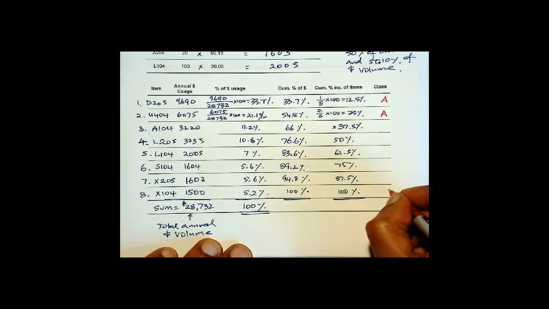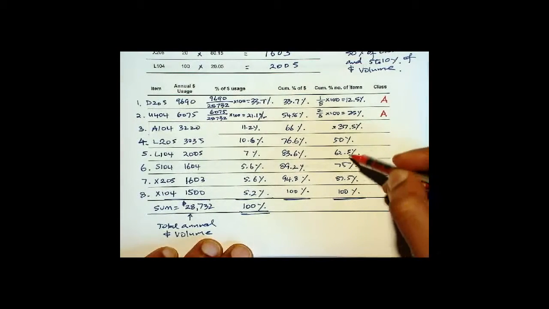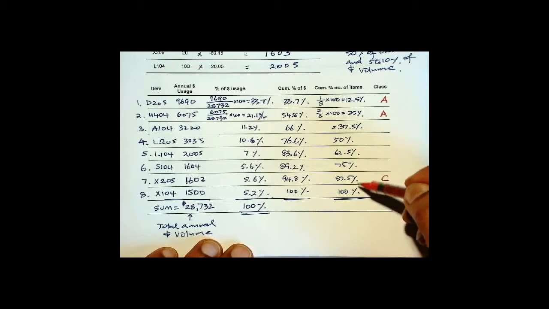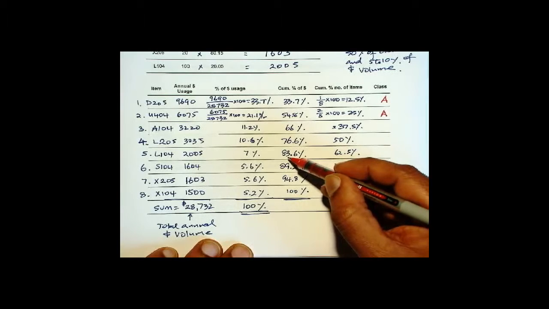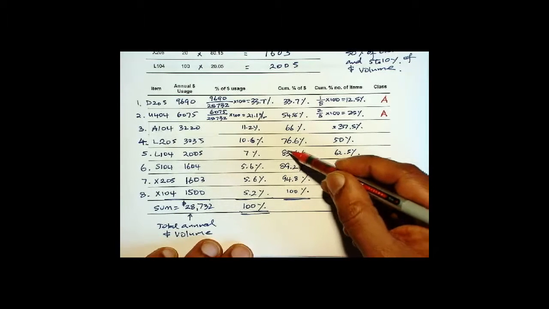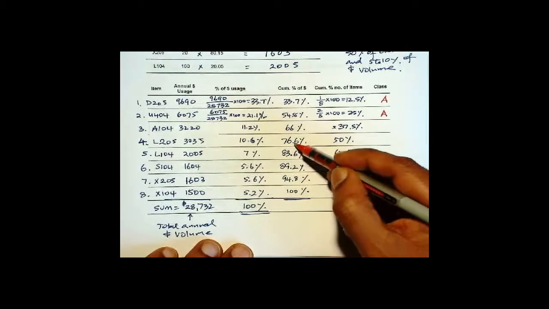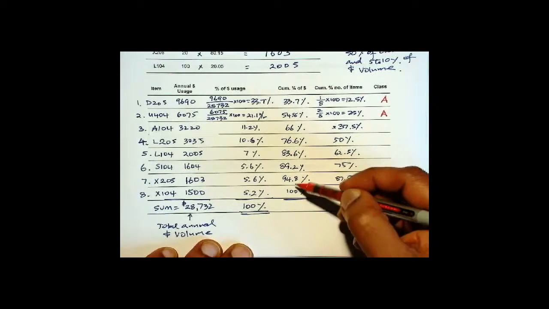So let's now do C. The bottom 50% of the items constitute about 5 to 10% of value. So that's 50% of the items, and we have about 17 or even 25% of value here. So up to here it is 76%, the remaining is about 23.4%.